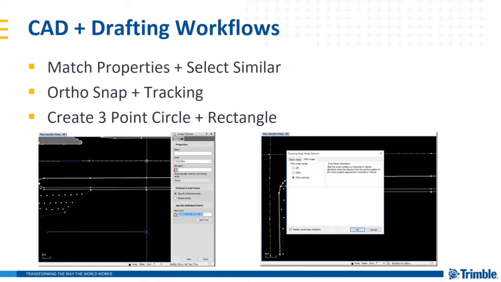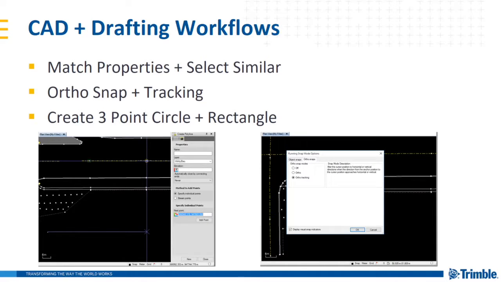Properties that can be matched include the layer, line style, line scale, line weight, color, text style, dimension style, label table style, and feature code.